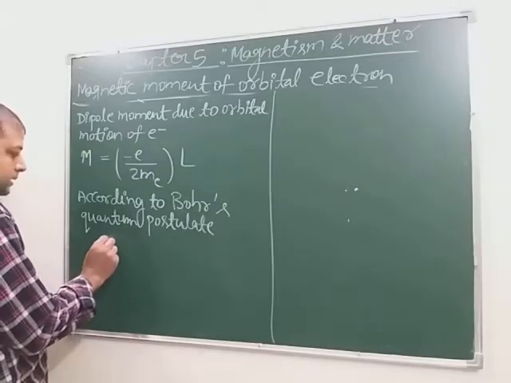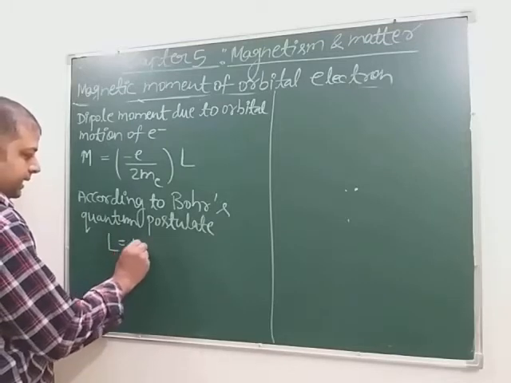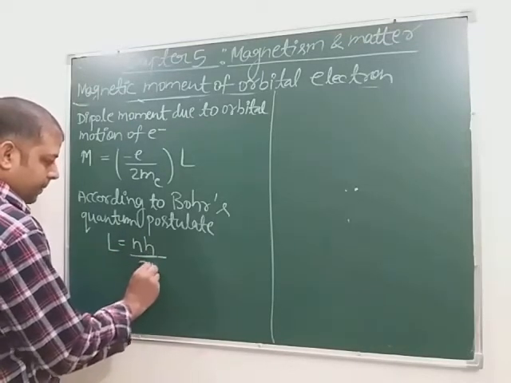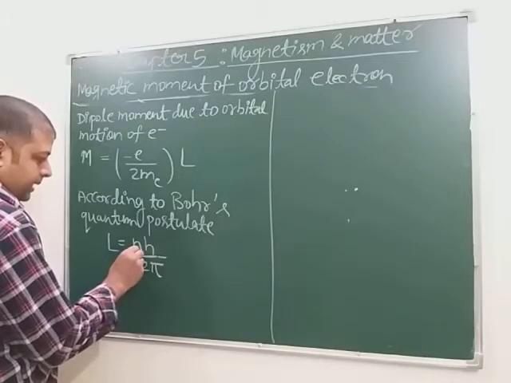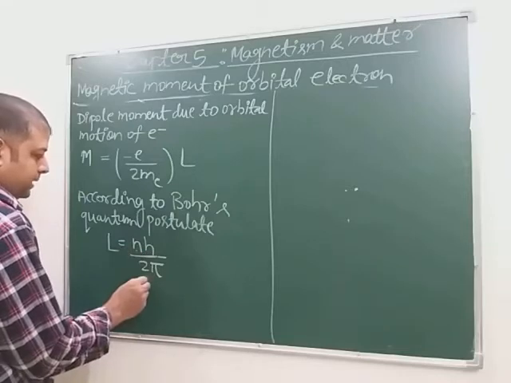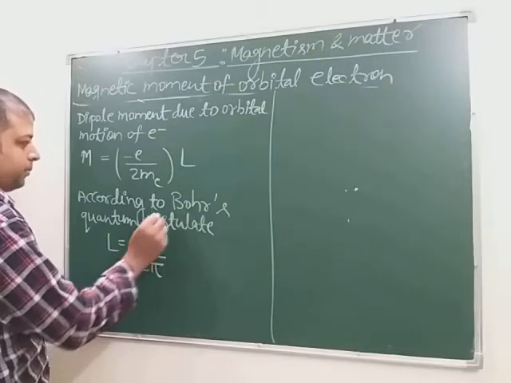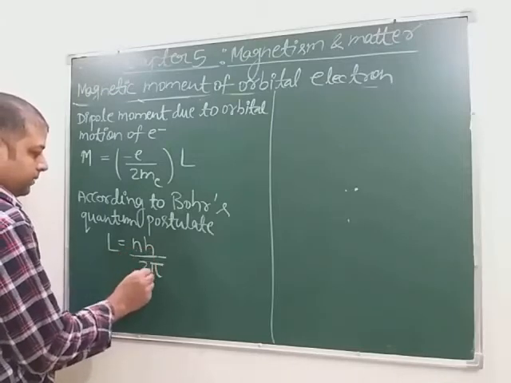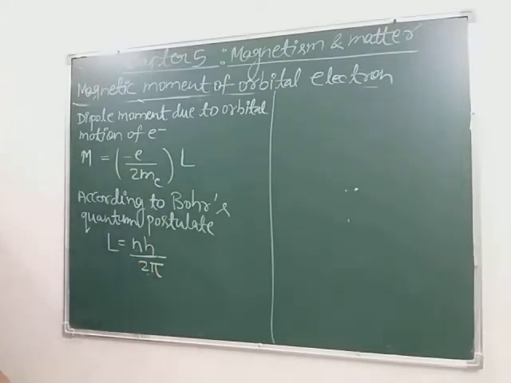The angular momentum will be an integral multiple of h upon 2 pi. This value n will be an integer. It is according to Bohr's postulate of quantum theory that angular momentum is the integral multiple of h upon 2 pi, so we can write nh upon 2 pi.